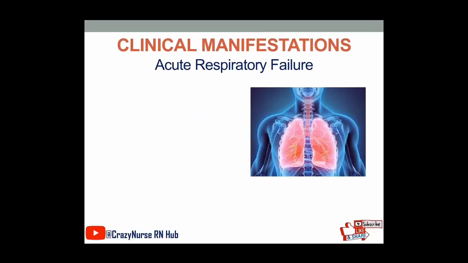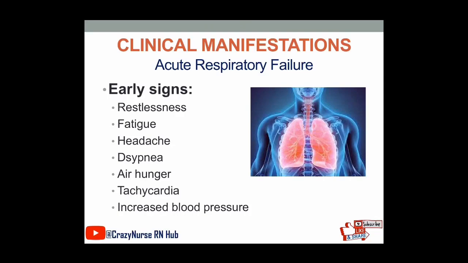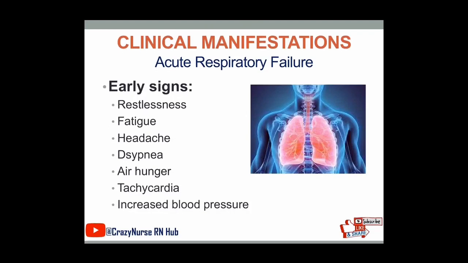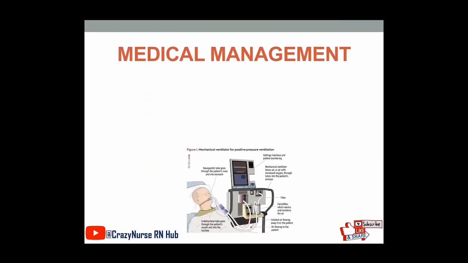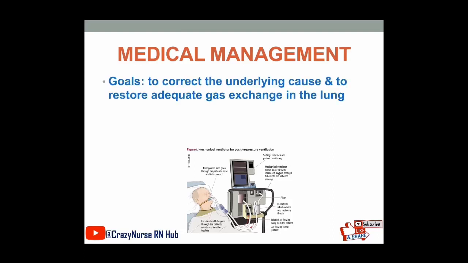Now let's have the clinical manifestations specific for acute respiratory failure. For the early signs, we have restlessness, fatigue, headache, dyspnea, air hunger, tachycardia, and increased blood pressure. For the medical management of acute respiratory failure, we have here the goal.